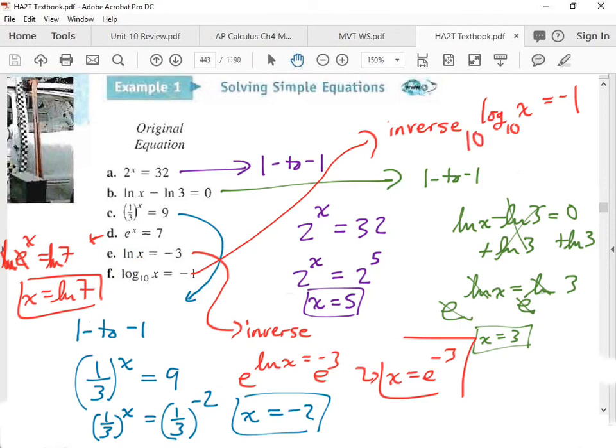I'm going to have to raise both sides to the base 10 to get rid of this log. Whatever the base the log has, that's what you raise it to. So in this case, it's 10. These go away. I get x equals, what is negative 1 power of 10? Yeah, equals 1 over 10. Gotta drop him like he's hot.